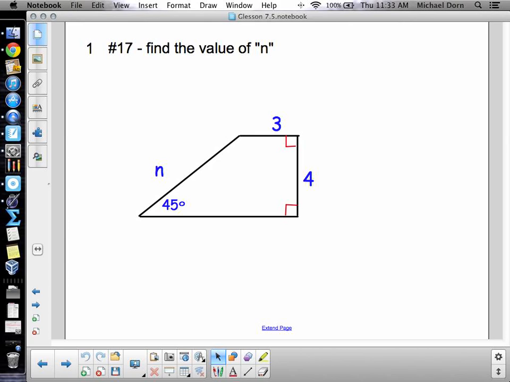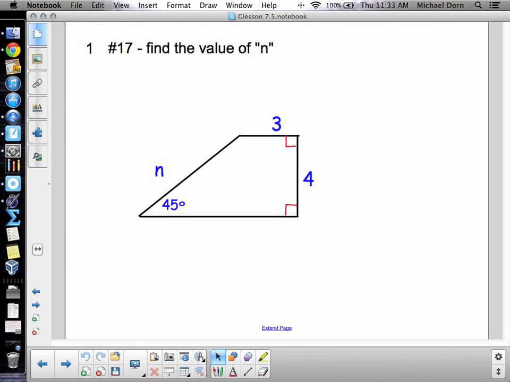Whether it's octagons or even circles, we're going to break things into triangles and break the triangles down into right triangles, because we have so many techniques of solving right triangles. They're such a powerful tool. So knowing these right triangles and being able to solve them is kind of the foundational skill for the entire second semester.